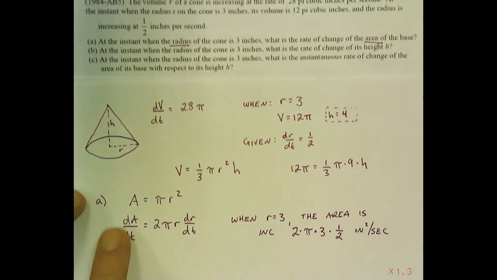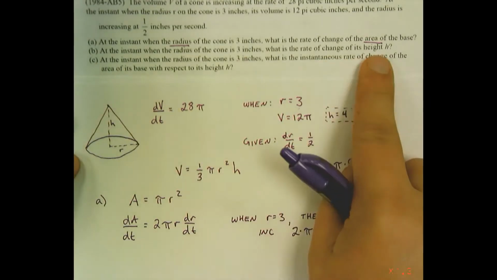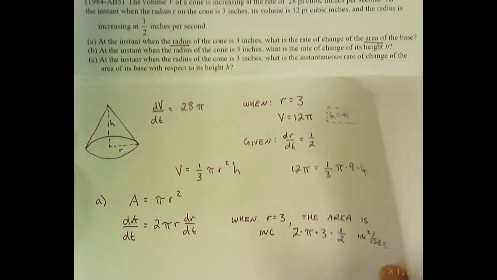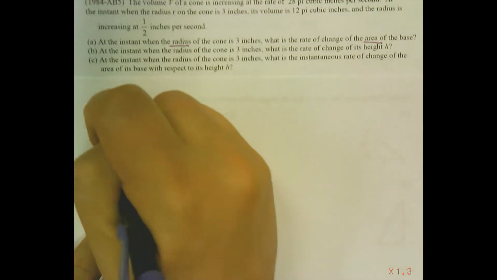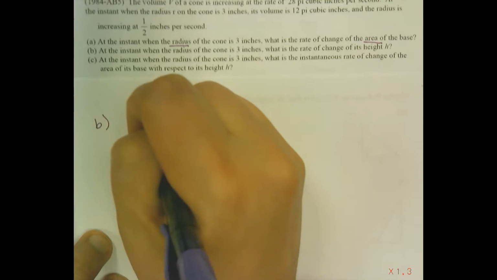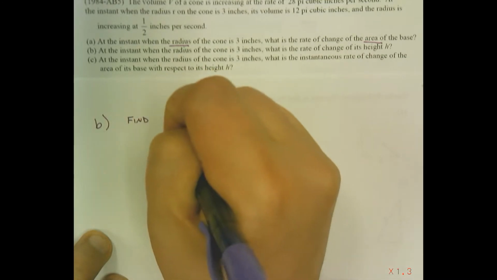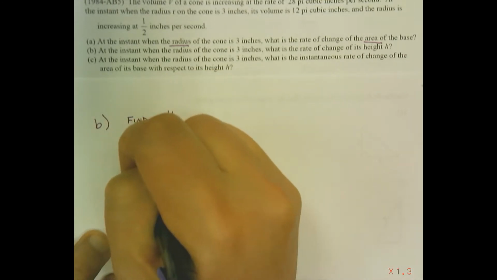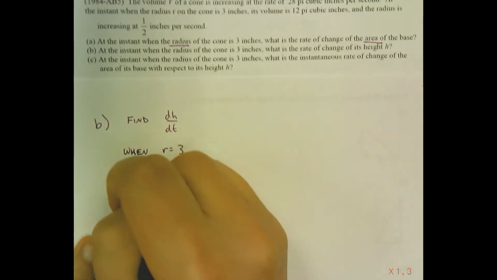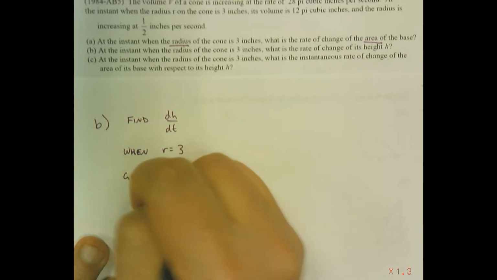All right, so part A focused on just the area of the base of the cone. In part B, we're starting to actually get into the height, so we're going to need to use our volume equation. So let's set that aside. Part B. At the instant when the radius is 3 inches, what is the rate of change of the height? So we're trying to find dh/dt when r equals 3, given, and we're given a couple rates.